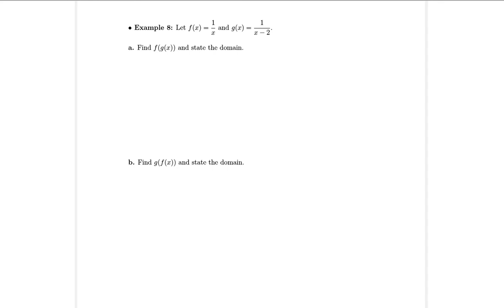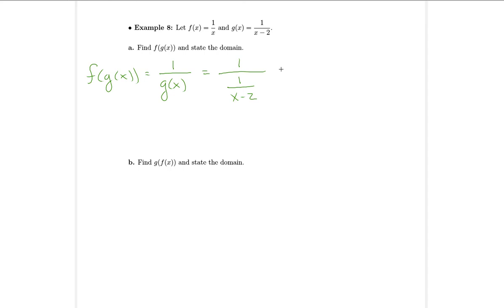All right, let's do one more example here. So we have these couple of reciprocal functions. So we've got f of g of x. So f, right, is 1 over x, so this is going to be 1 over g of x. But g of x is 1 over x minus 2, so I replace g of x with 1 over x minus 2.